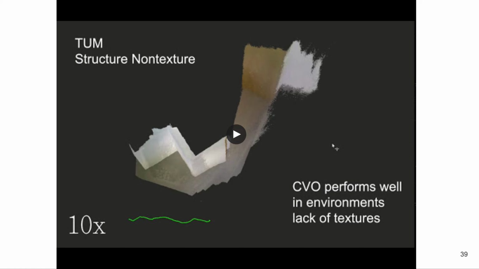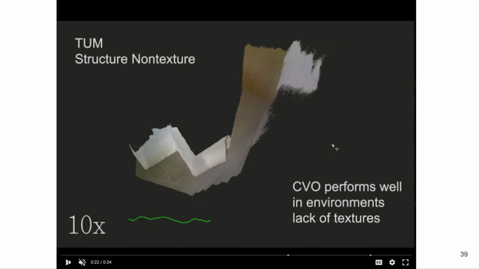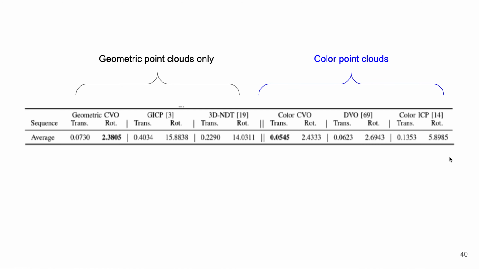As you can see in the map, the scene is pretty featureless, and it can be challenging for traditional registration methods. In the quantitative results, we can show that our geometric results are comparable or better than geometric baselines, and our color results are comparable or even better than the color baselines.